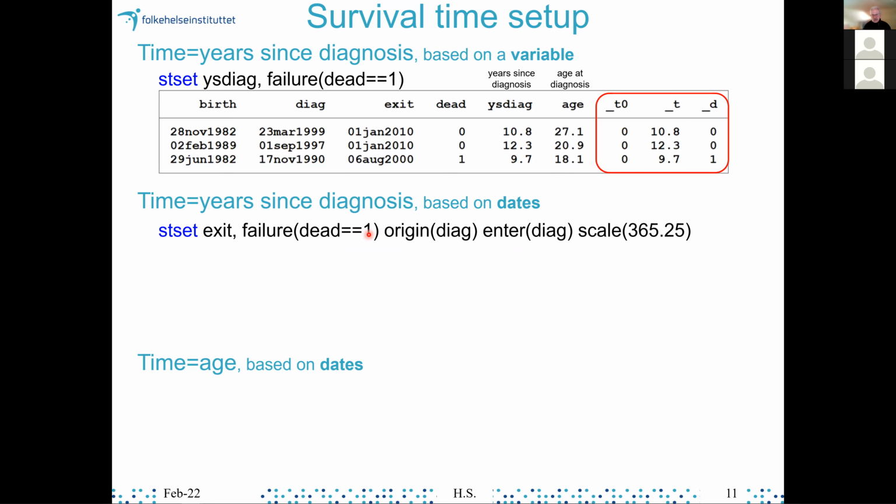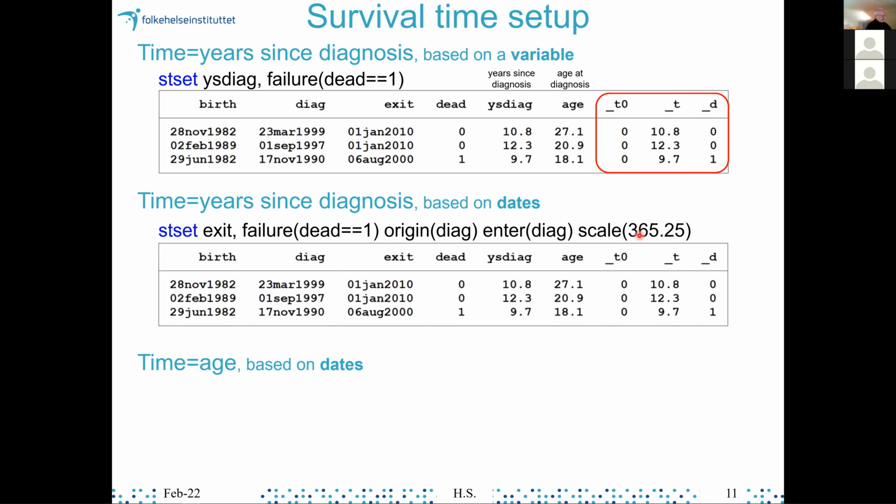Now, since dates in Stata are measured in days, we may want to use a scale. And this scale says that we would like to go from days to years instead. And we would get exactly the same result. Based on this, we would get T0 all starting at 0. This would be the follow-up time in years, and this would be the death indicator.